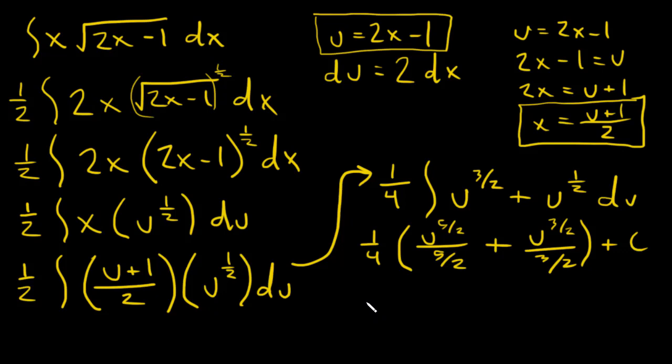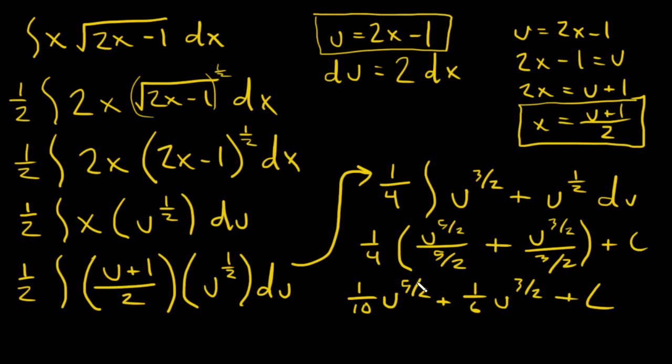It seems odd, but I think that's right. 1/10, because the 5 would be on the bottom, the 2 would be on top, the 2 would reduce with the 4 to have a 2 on the bottom. 2 times 5 is 10. I think that's right. 1/10 u to the 5/2 plus flip 2/3. So that's going to be 2 times 3 is 1/6 times u to the 3/2 plus c.